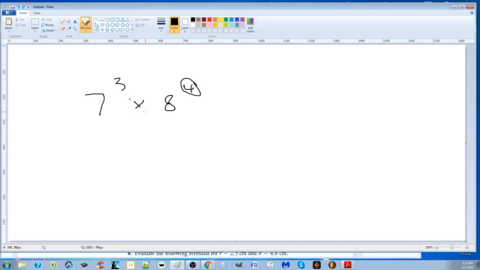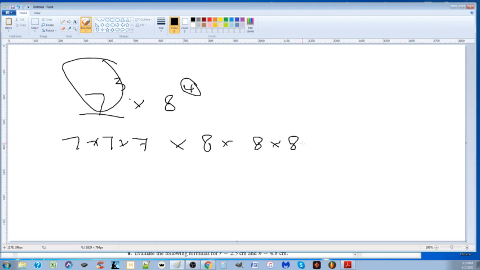You can't do it because this is essentially saying 7 times 7 times 7, which is 7 to the 3, times 8 times 8 times 8 times 8. There's no number I can write with an exponent that represents both these groups. It's impossible. Now I can do it if this one happens to relate to 7.